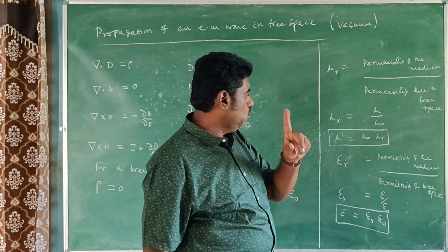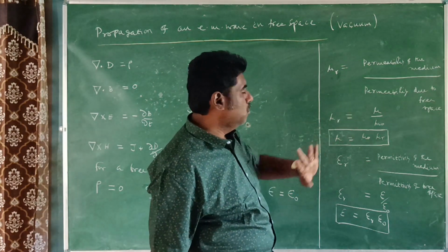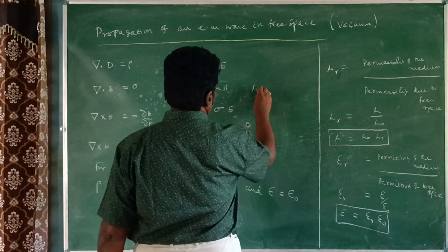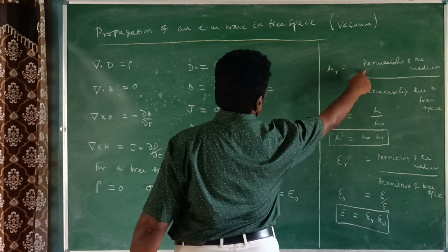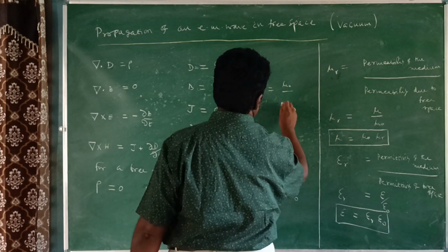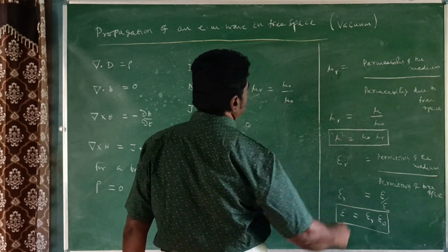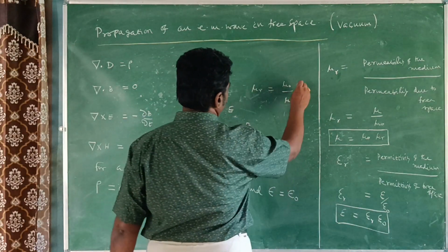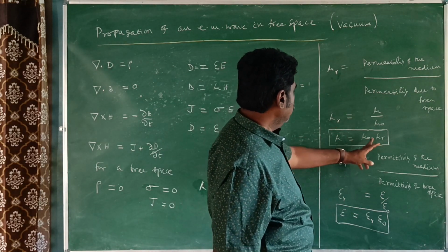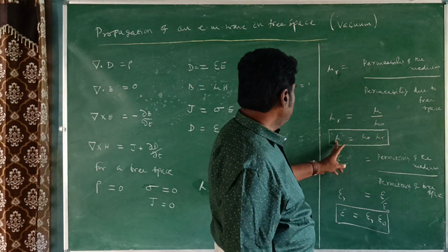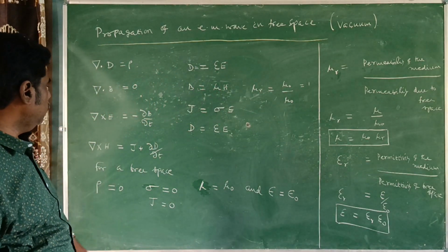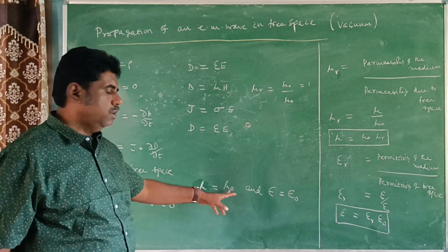Mu naught by mu naught is 1. Therefore, mu r is equal to 1. In this formula, if you put mu r equal to 1, mu equals mu naught. For free space, the value of mu is mu naught.